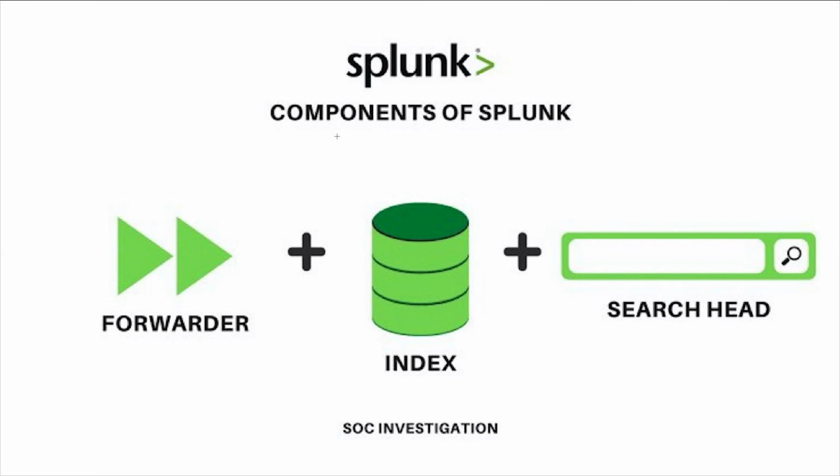So we have three major components of Splunk. We have the Splunk forwarder, we have the indexer, and we have the search head. Forwarders are agents that sit on your endpoint and help you transfer logs from the endpoint to the indexer on your main Splunk server. So think of it this way.